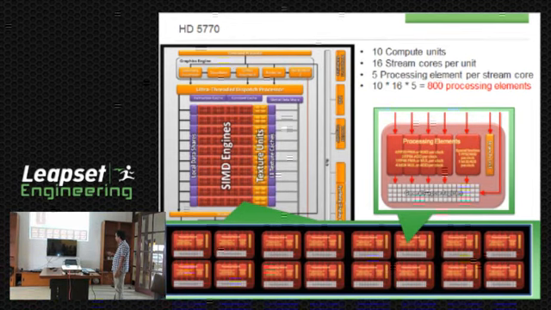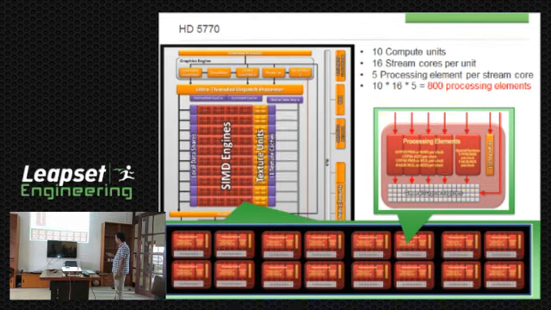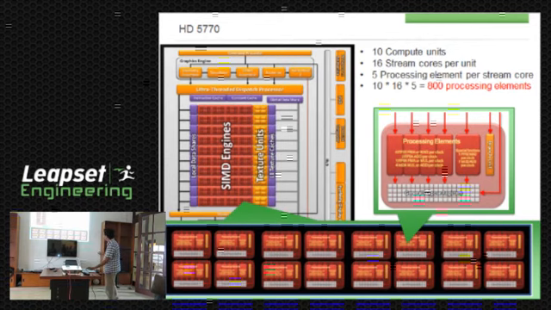This is called one stream core, 16 of them in this one compute unit. And if you look at one of these items, it contains 5 processing elements. Right? These are little processing elements. Each has its own memory and branching unit, etc. So this card has about 800 processing elements. Right? This one element is like a small processor. It can execute a small piece of code.